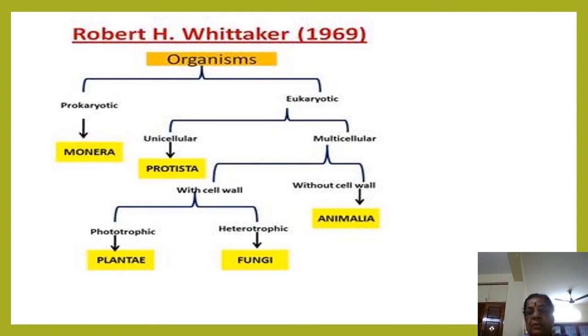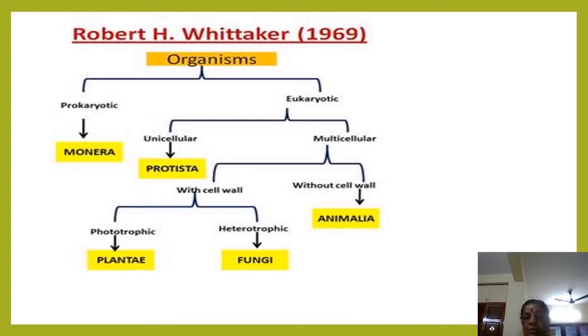Without cell wall, all animals, kingdom Animalia. With cell wall, kingdom Plantae, they are phototrophic in nature, autotrophs; they can prepare their own food. Whereas kingdom Fungi are heterotrophs. I hope you understand. This is in our textbook. Just go through it for a second.